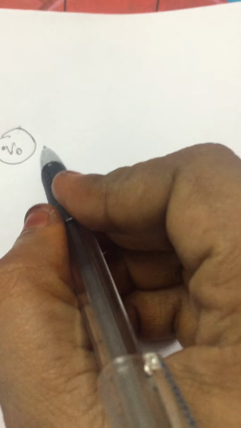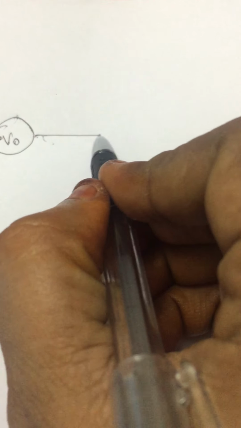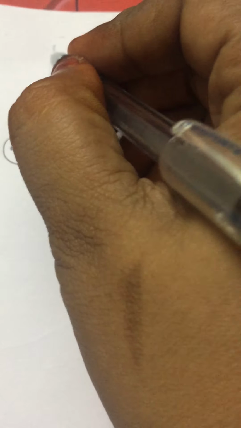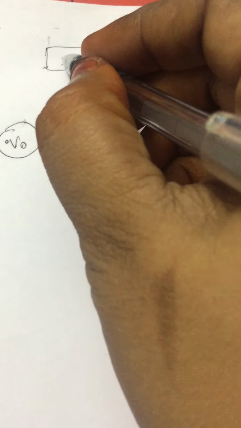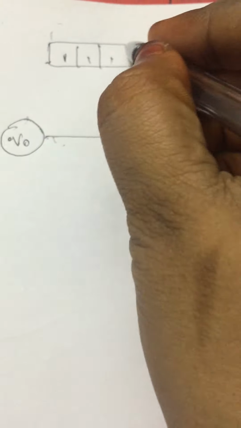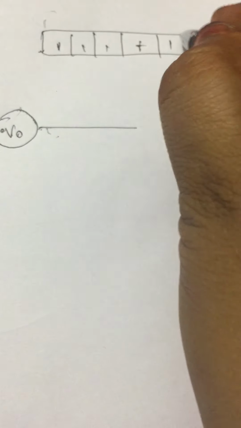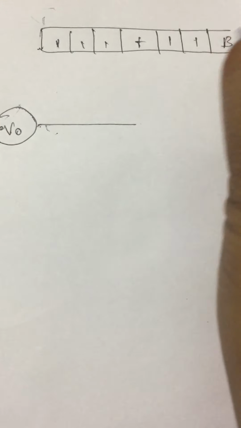When ones are there, we are just keeping those ones as they are and moving to the right direction. See here I will draw the input tape also. Our question is 3 plus 2.